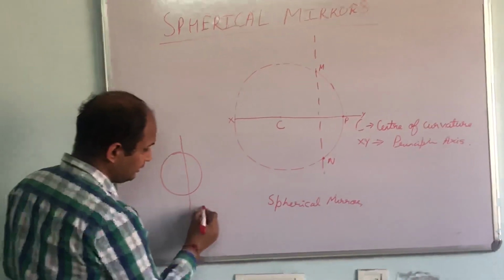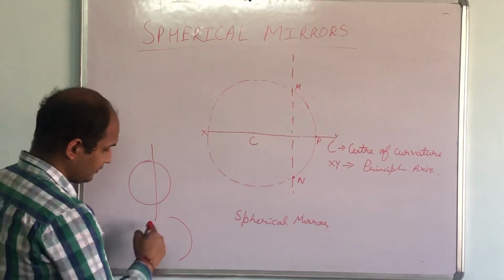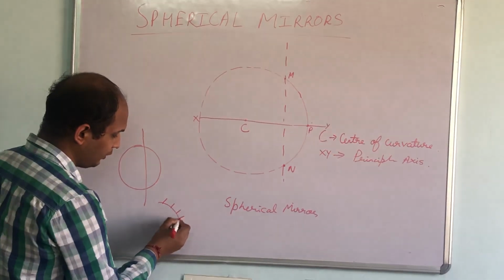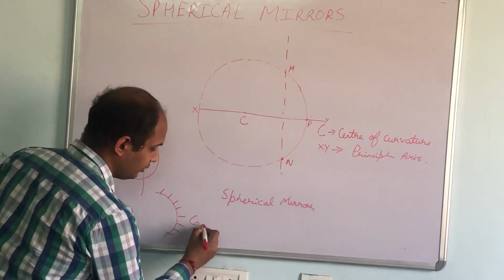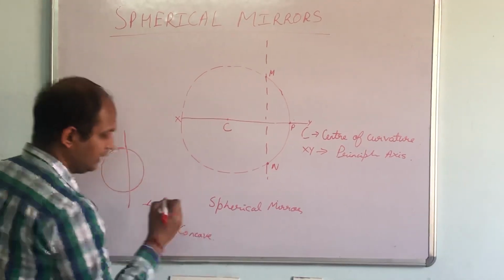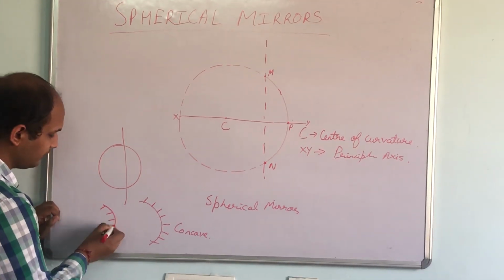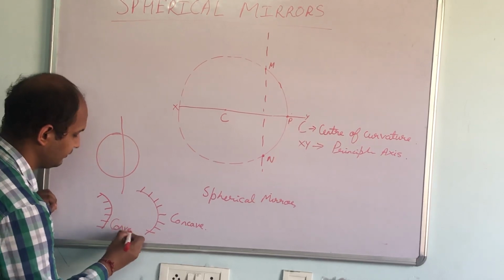Now this part is something of this shape, right? Now when I shade this part or polish this part from outside, then it is known as a concave mirror. And when I shade this part or polish this part from inside, then it is known as a convex mirror.